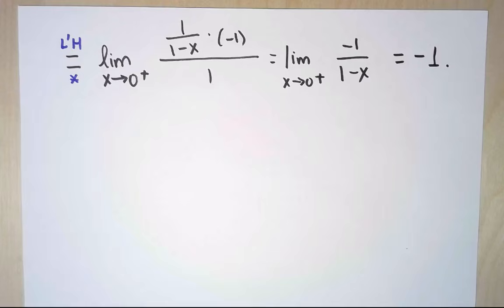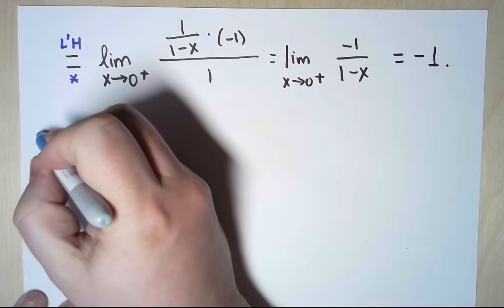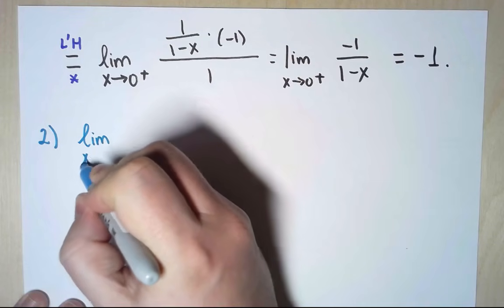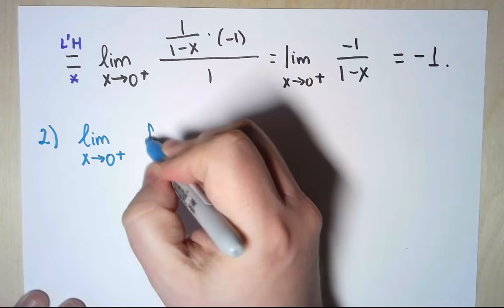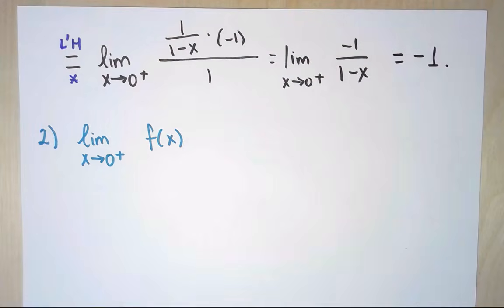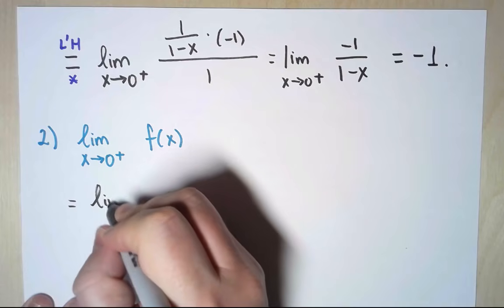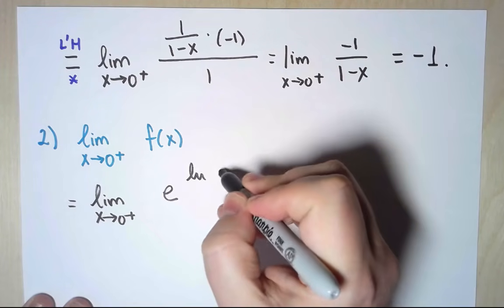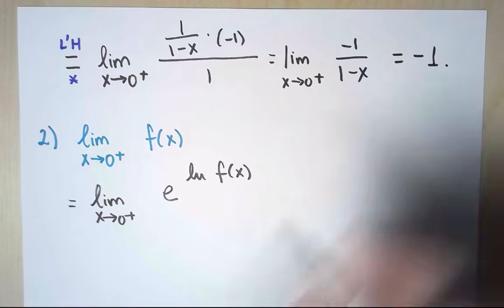But notice that I am not done. This is only the limit of the logarithm of f of x. So my second step is to compute what I actually care about, which is the limit as x approaches 0 on the right of f of x. How do I recover the function from the logarithm of the function? Well, f can be written as e to the logarithm of f. That's it.